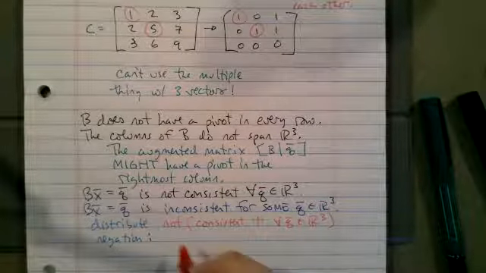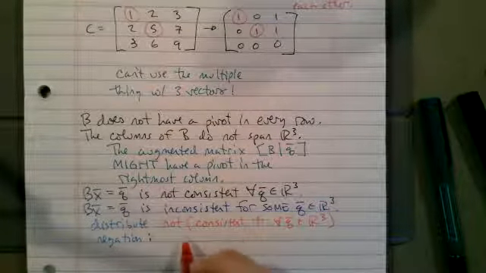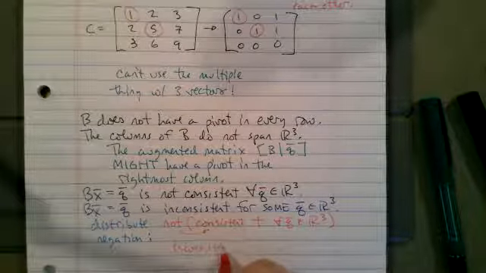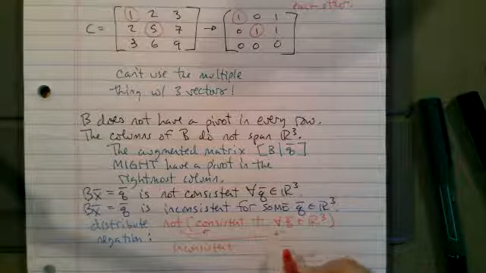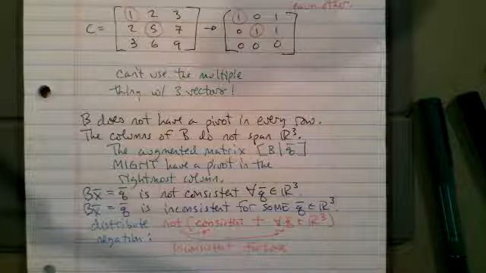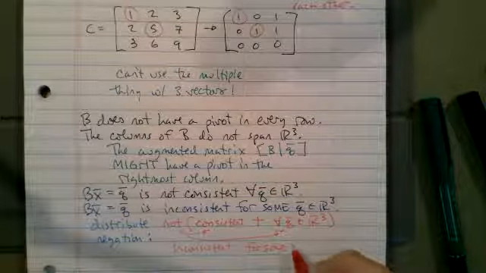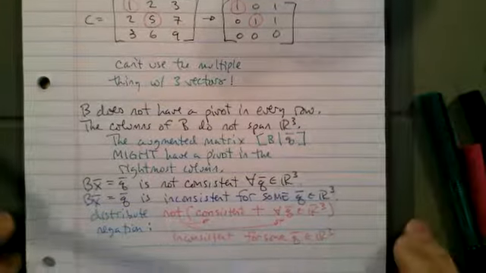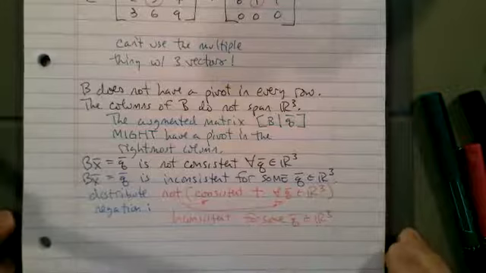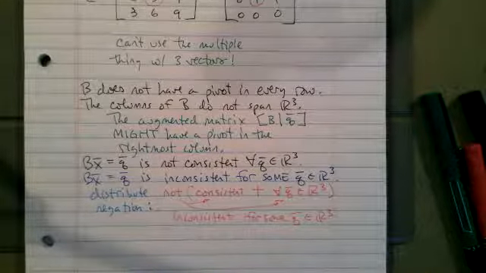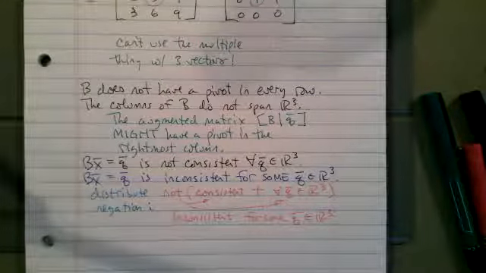So if we distribute the negation, not consistent is inconsistent, and not for all is for some. That's not sloppy logic in writing the sentences, but thinking about it as plus. But it works well enough.